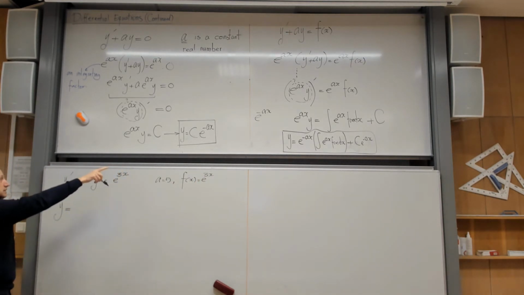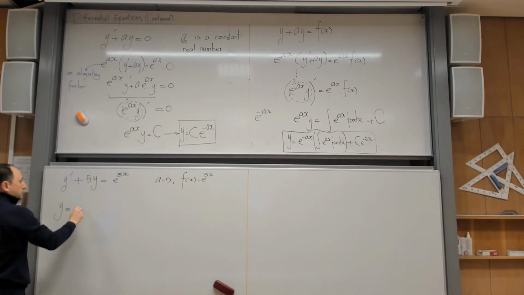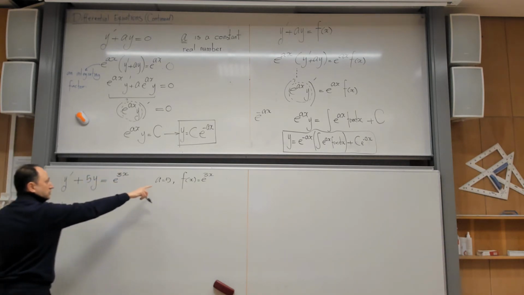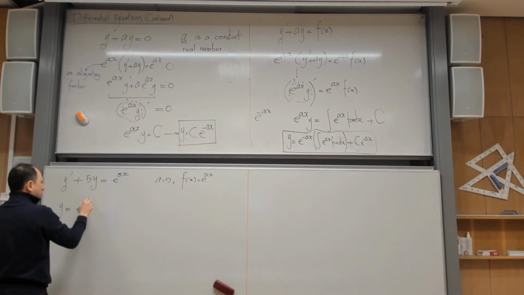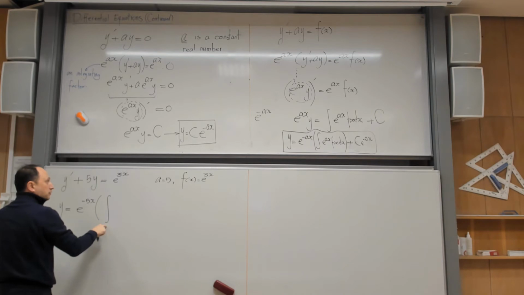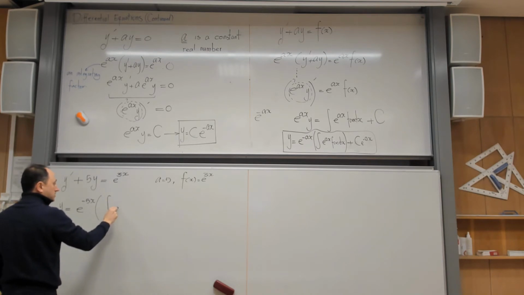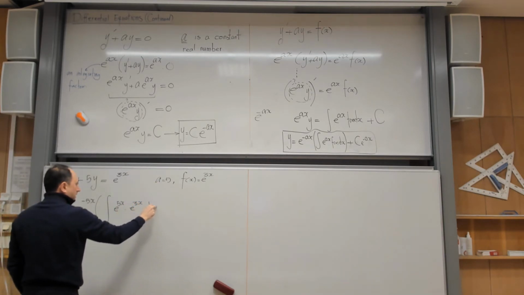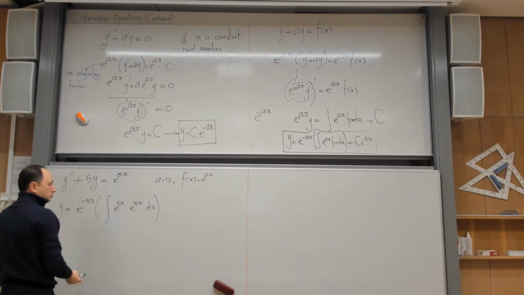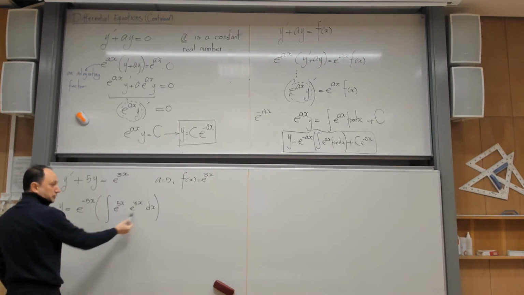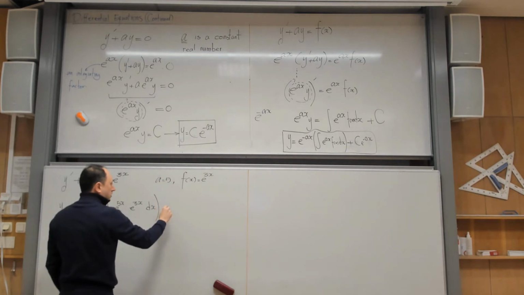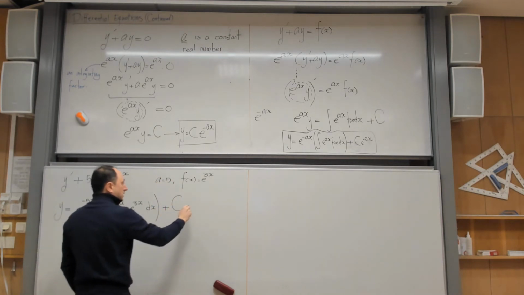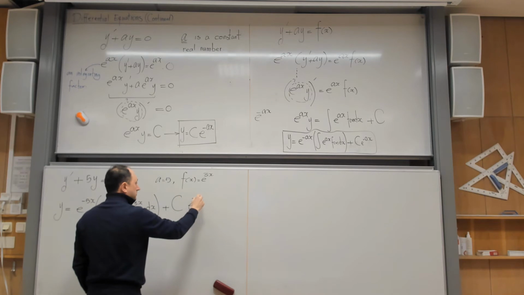And if I put this in that formula, I will have e to the power of minus ax, which becomes minus 5x, multiplied by the primitive function of which function? e to the power of ax, multiplied by f of x, dx. How do you read the whole package? You read it as the primitive function for this function. And then plus a constant c, e to the power of minus 5x.